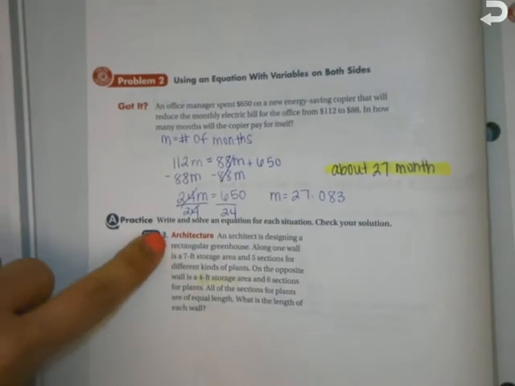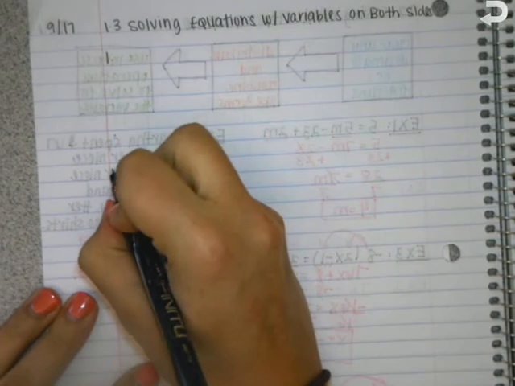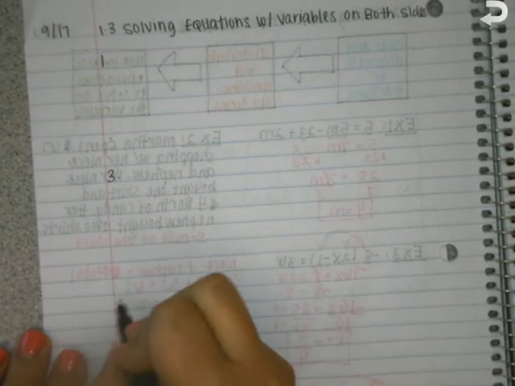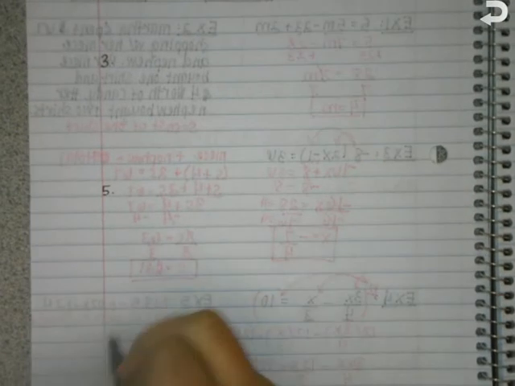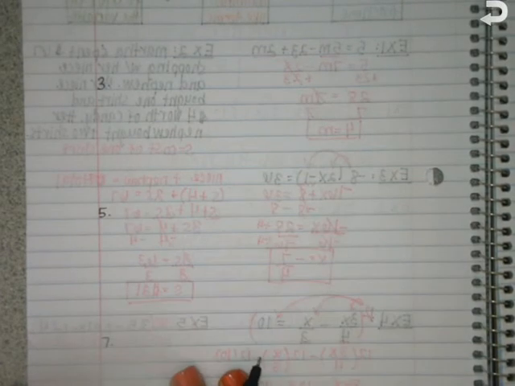And then there's problem number 3. You're also going to do problem number 3 on the left side. I want you to do problem number 5, which is on page 23, and then problem number 7. So on the left side for 1.3, you're going to do problems 1, 3, 5, and 7. Okay? So that's your practice in class to do by yourself. Sound good?